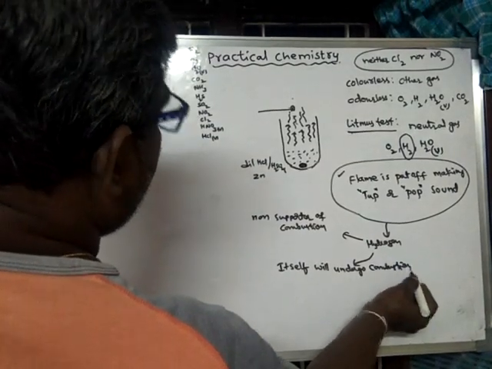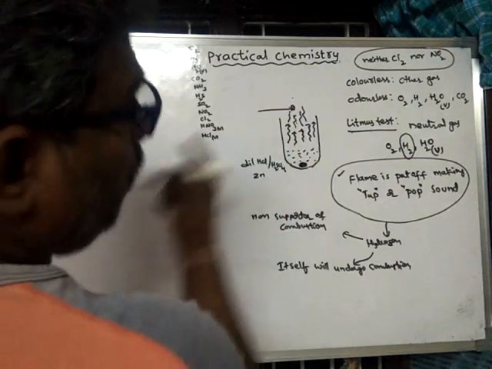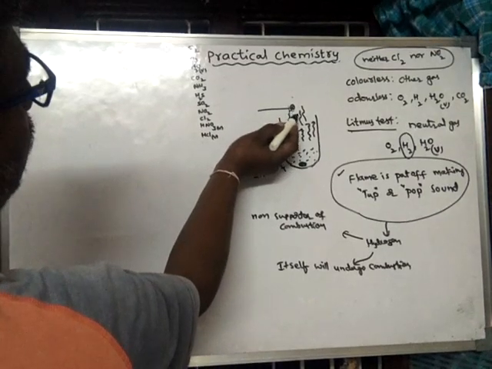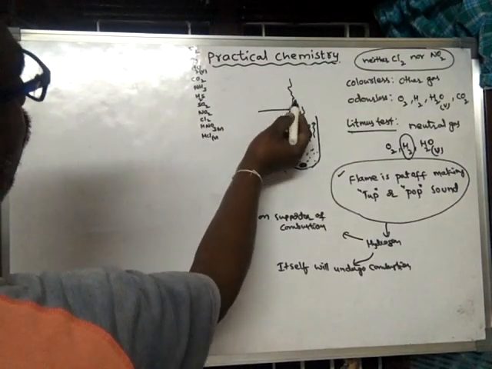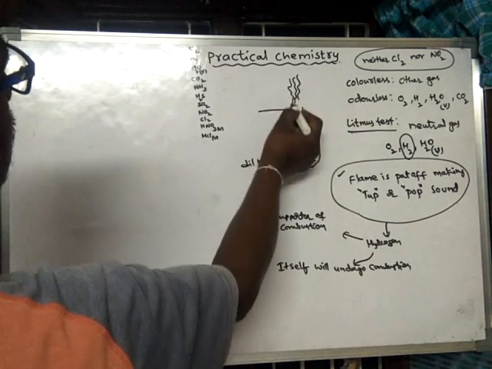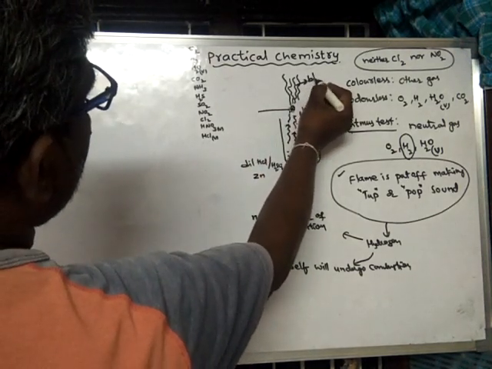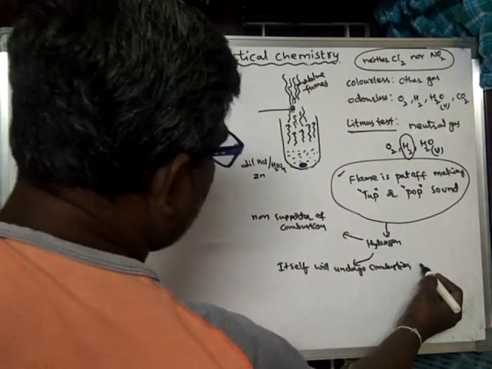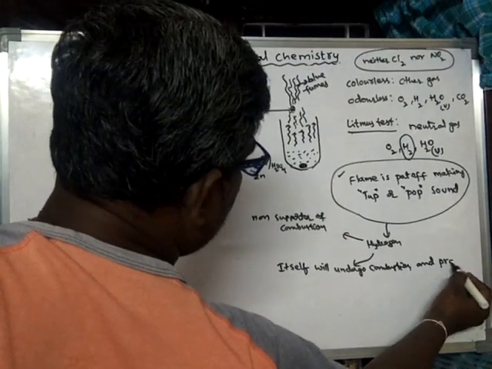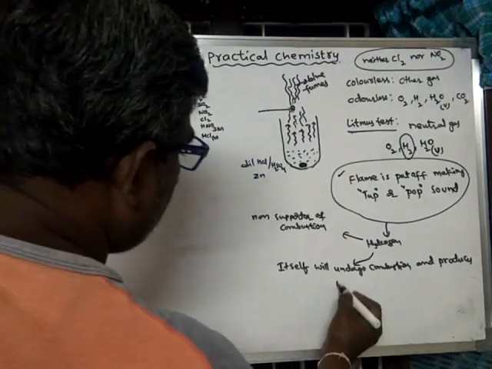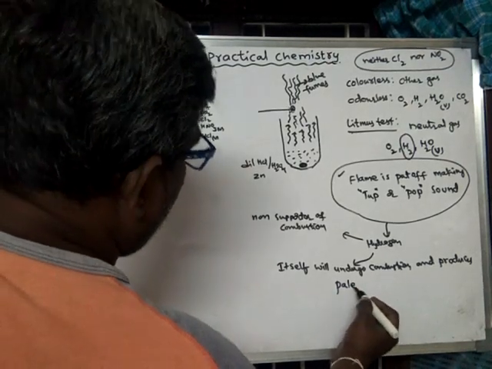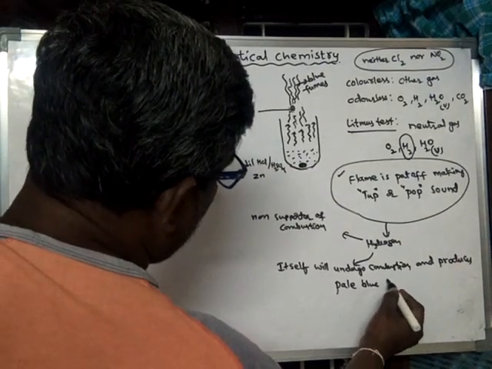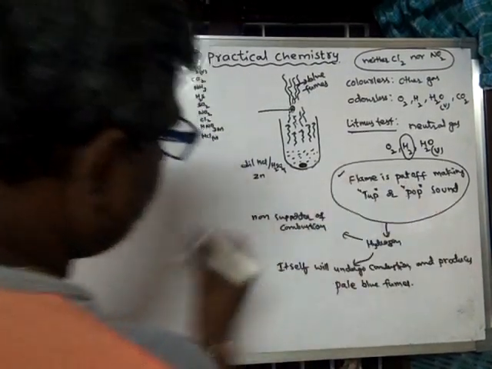That means this hydrogen puts off the flame, and with that heat, what happens? This hydrogen gas will undergo combustion and produces blue fumes. So these are the blue fumes, not dark blue, but pale blue fumes.